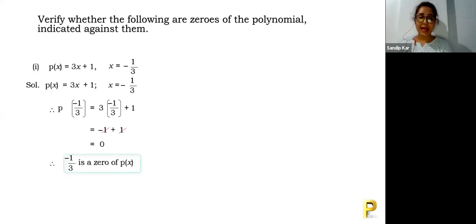Okay. So as we got the answer as 0, therefore, the given value is the 0 of the polynomial. Therefore, minus 1 by 3 is a 0 of p of x. Okay, let's look out for the next question.